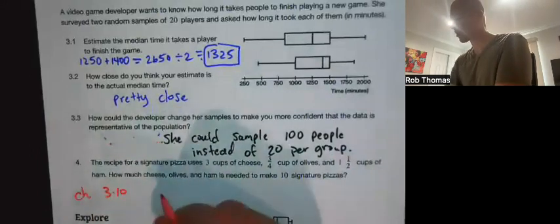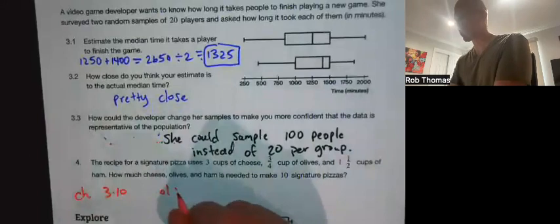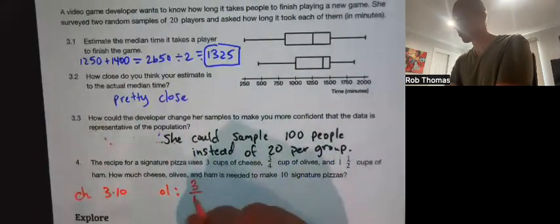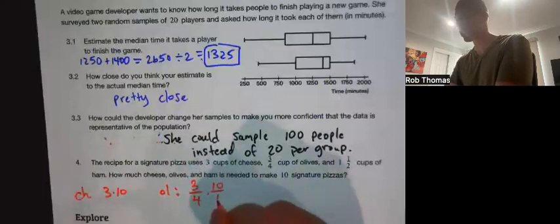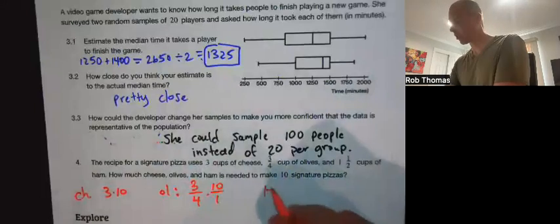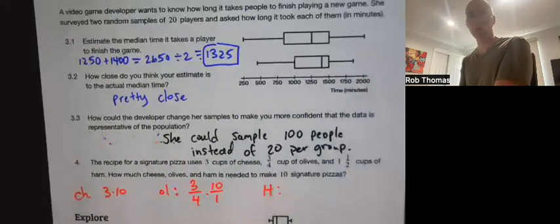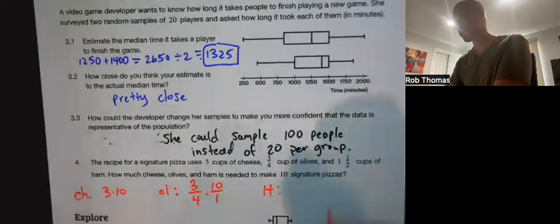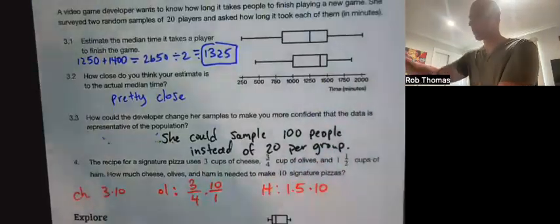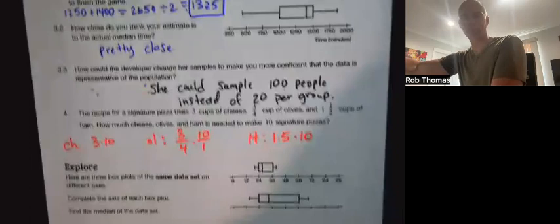For olives, I'm just abbreviating, CH for cheese, OL for olives, it's going to be 3/4 times 10. You can write that as 3/4 times 10 over 1. And ham, big old H for ham, 1.5 times 10. You could change 1.5 to 3 halves, but most people like 1.5 better, so I'll go 1.5 times 10. That'll get you your answers on those.